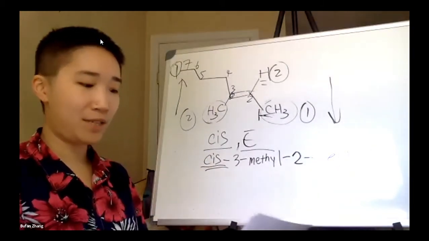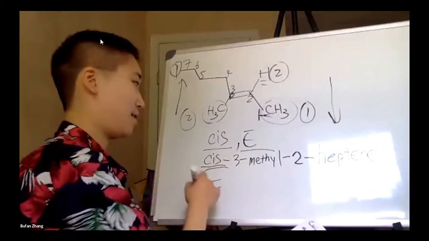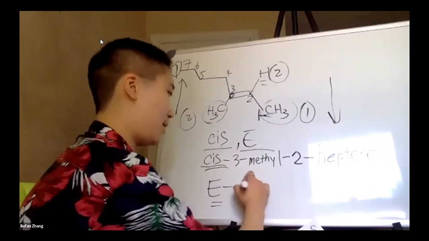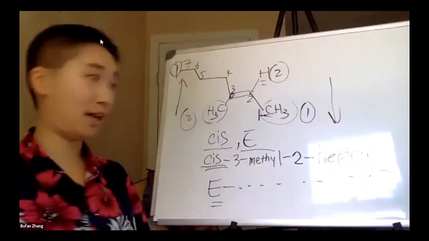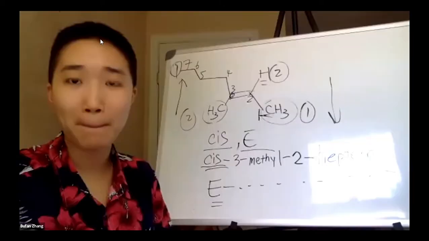However, if we use E and Z, we're just going to change the first thing. That is E, and you write the same thing on the bottom. I have a quick question. Yes, what about it? So H comes before M in the alphabet, right? So when do you have to alphabetize it and when do you not?